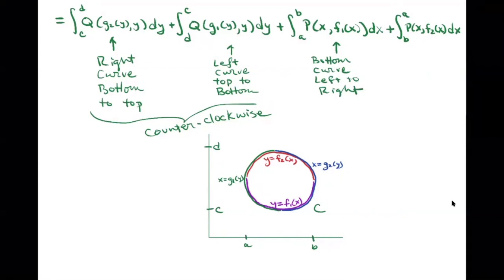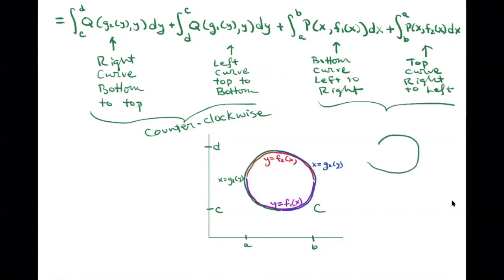And the next integral is on f2, which is the top curve, and it's going from b to a, so that's going backwards, from right to left. On the bottom you're going left to right, on top right to left, going in this direction.